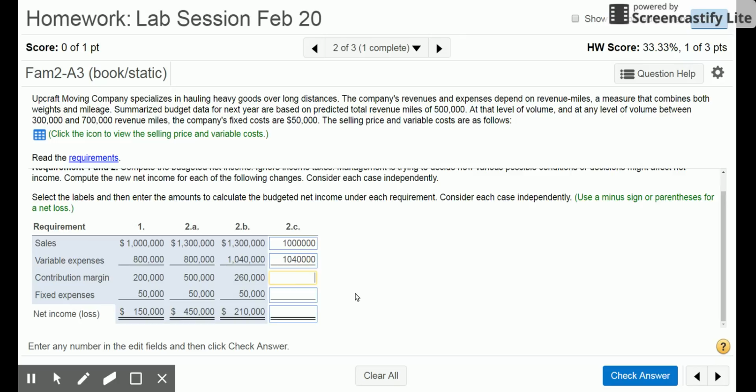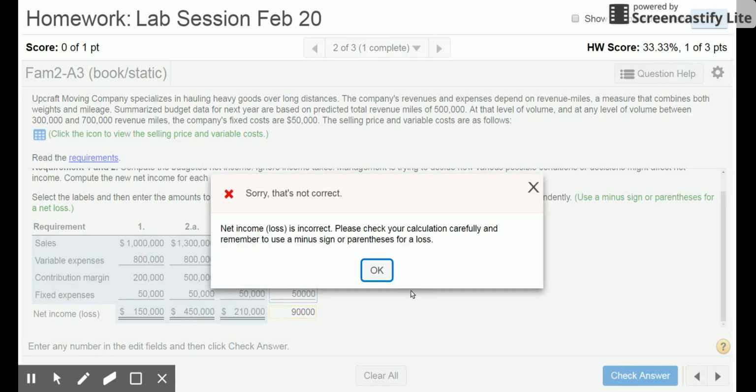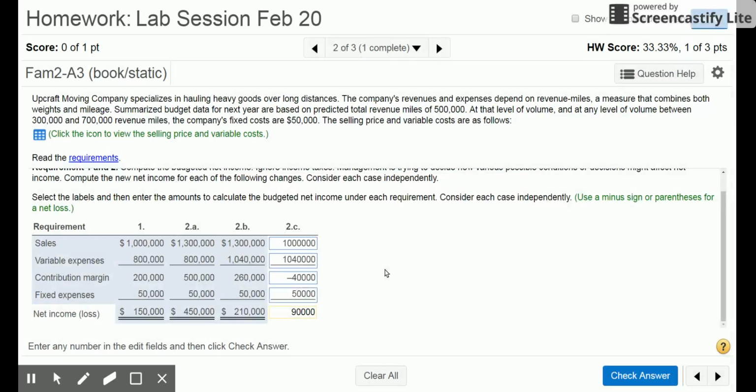So our contribution margin this time is negative $40,000, and our fixed cost is still $50,000, and we're losing money by $90,000. So we're not doing good. Oh, the negative numbers should be shown by parentheses.